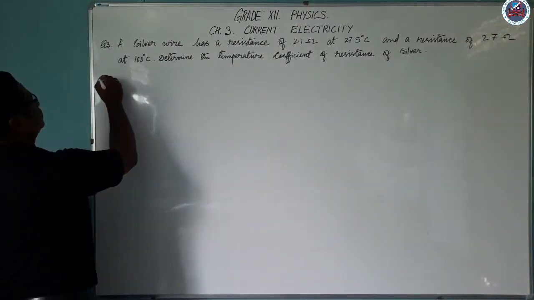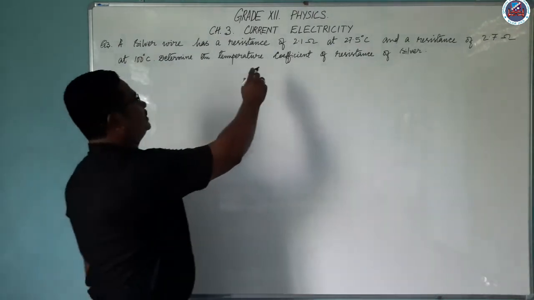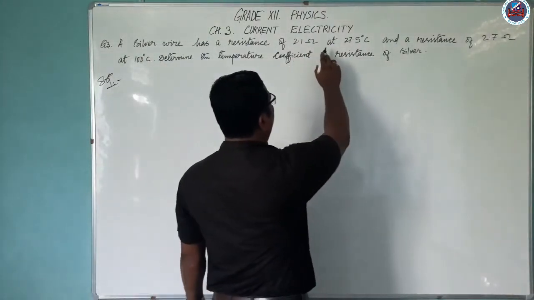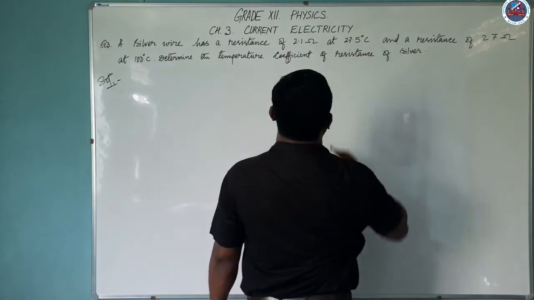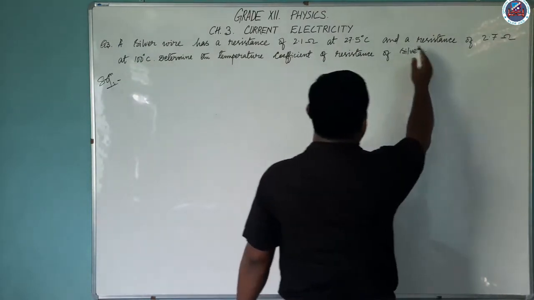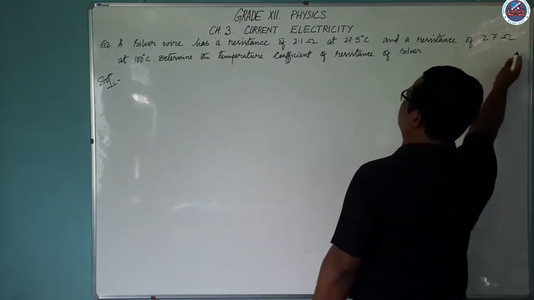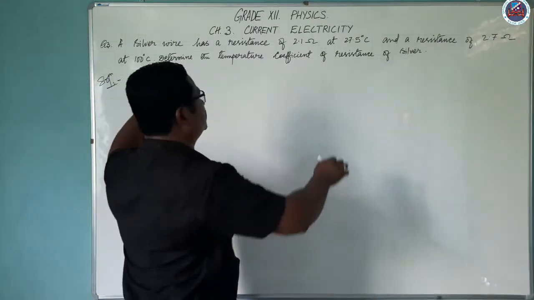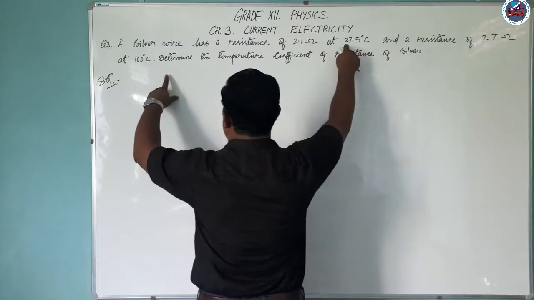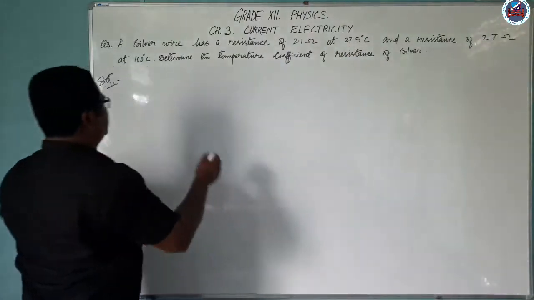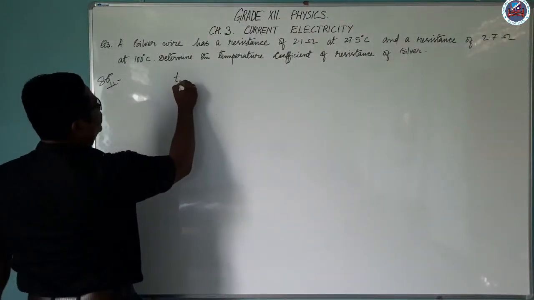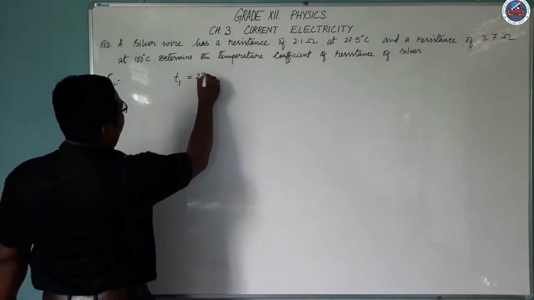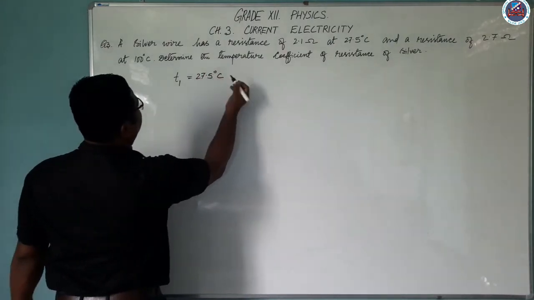Question number 3. A silver wire has a resistance of 2.1 ohm at 27.5 degrees Celsius and a resistance of 2.7 ohm at 100 degrees Celsius. Two different temperatures you can see here, initial and final. So let us represent initial with T1. T1 is equal to 27.5 degrees Celsius.